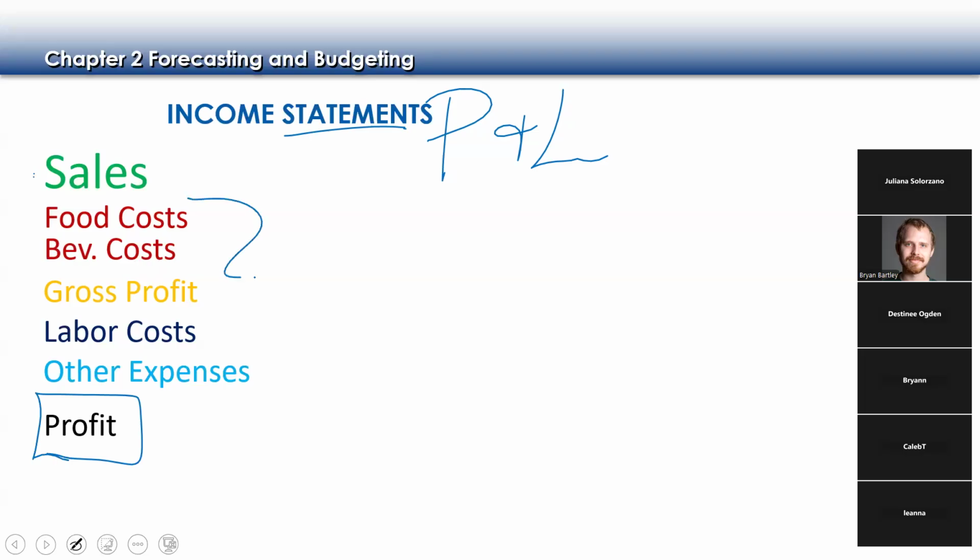These are all of our costs. So sales minus our costs is equal to profit or loss. If this is a negative number, it's a loss. If it's positive, it's profit. Okay? Y'all follow me so far?